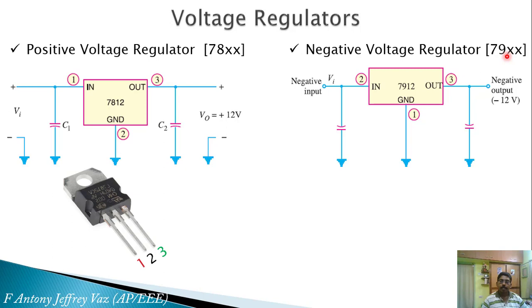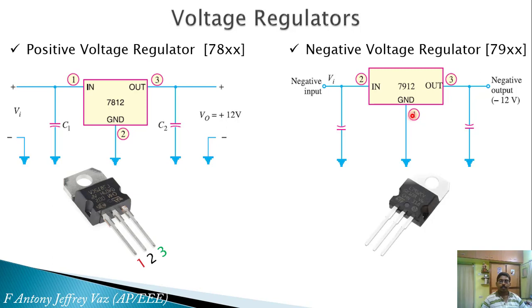For 7912 you have to give a negative input. If you give a positive input to this IC, the IC will burn out. You should give a negative input to the second pin, not to the first pin. If you give a negative input to the second pin and ground the first pin, then you will get a constant voltage of minus 12 volt. All the remaining concepts are the same.